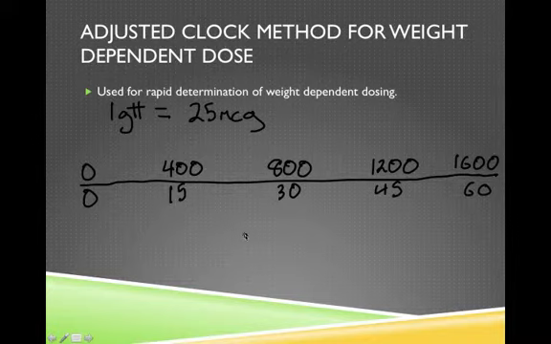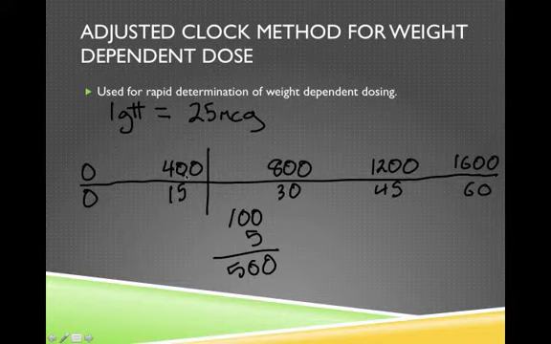We want to start the patient at 5 mics per kilogram per minute. So at 5 mics, and the patient weighed 100 kilograms, 5 times 100 is 500. Now, 500 is somewhere about right here. 15 is the closest.